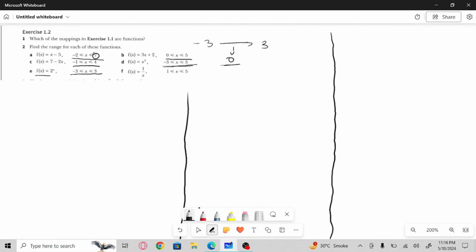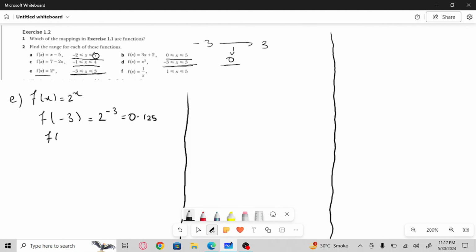So on to question number 2, part E, which tells us that f(x) is equal to 2 to the power of x, for the values of x from -3 till 3. So again, if we input the lowest value, we get f(-3) is equal to 2 to the power of -3, which is equal to 0.125.